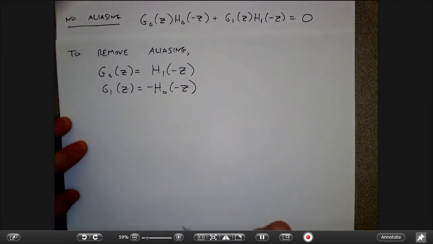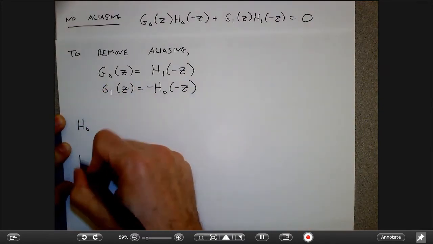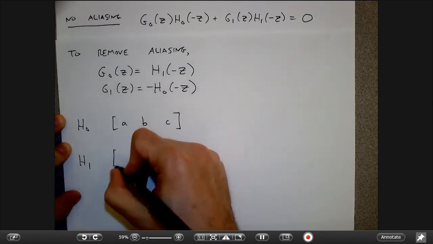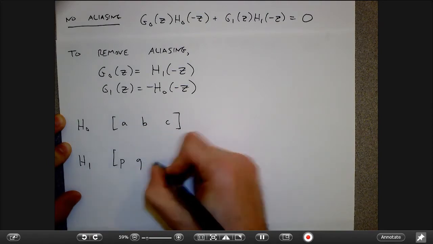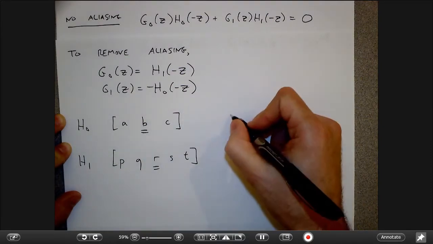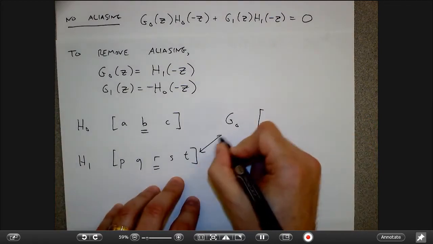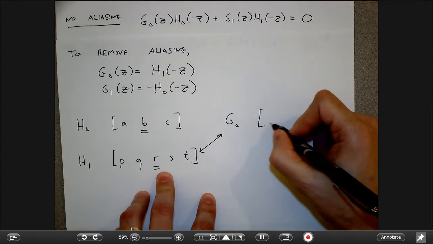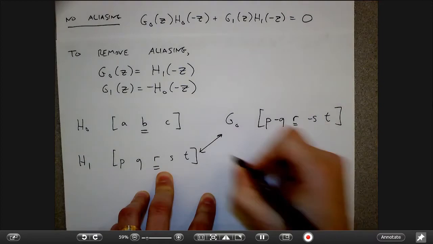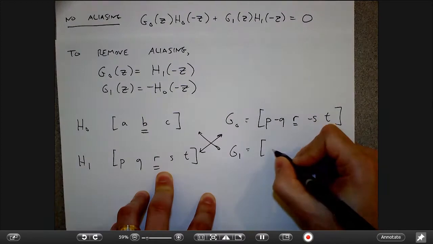So if I have a set of H's, say arbitrary FIR filters, and say they're centered here, then my G0 is going to be basically a modified version of this, where I'm flipping the signs on some of these. And my G1 is going to be something like this.